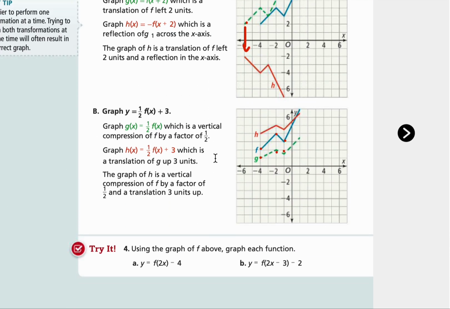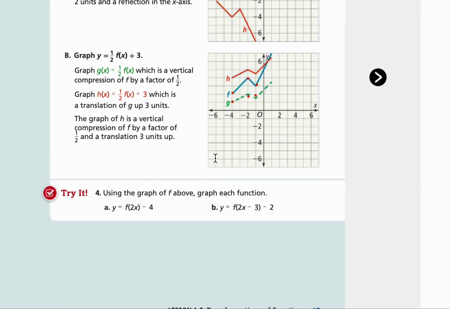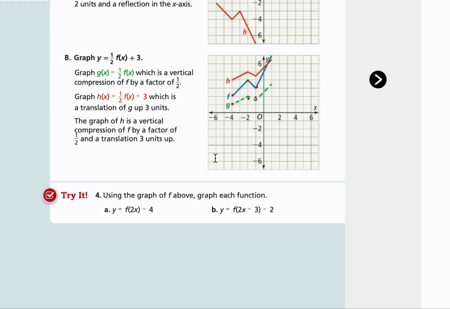All right. And then your part B, y is equal to f of 2x minus 3. That means you have a horizontal translation of 3 units to the right. And then you have horizontal compression of 1 over 2.